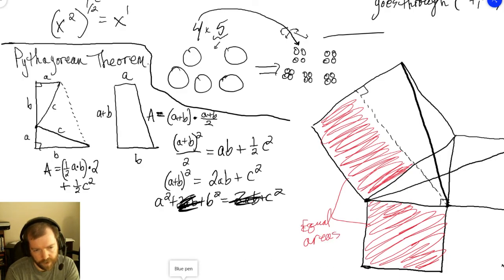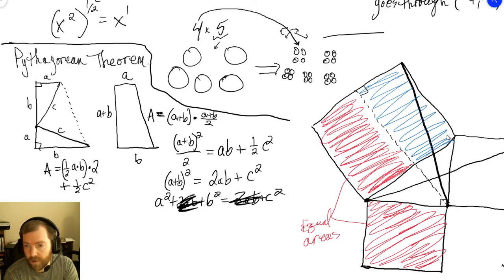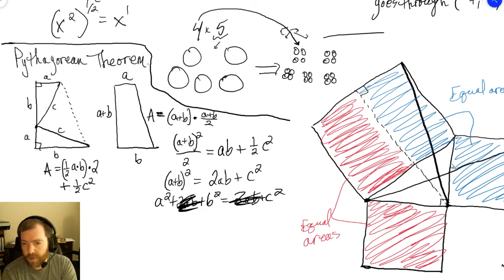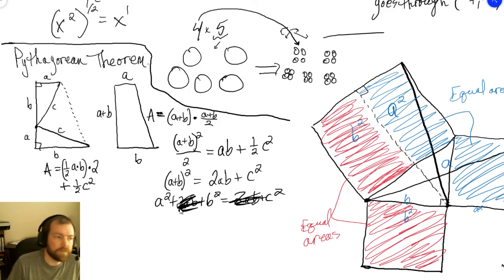And then you can find that this area here is equivalent to this area here. So then if this one is a, then therefore this is going to be a squared. If this one is b, then this one is therefore going to be b squared. And so this is b squared, this is a squared. And then combine them to get the areas.